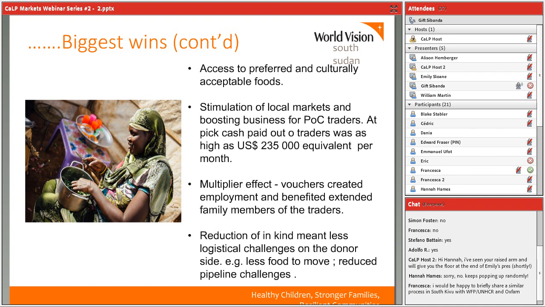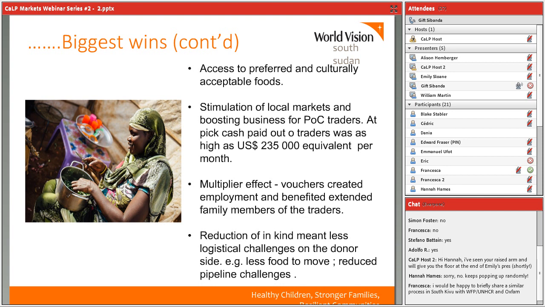Also, there was great stimulation of the local market. When you bring cash into that particular space, like a camp, it means traders were able to grow their businesses, and the generality of the market was stimulated, because traders were getting collectively about 235 USD equivalent per month.